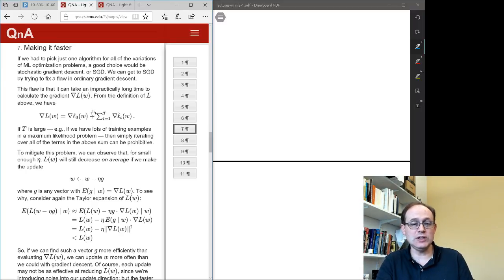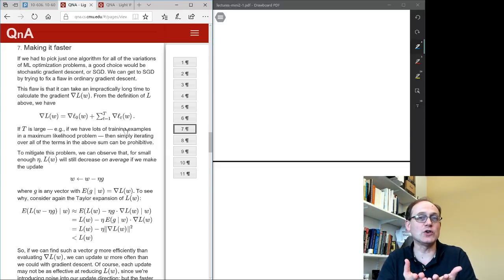Then just computing this gradient can be impractical, infeasible, because in order to do that, we have to iterate over all billion of our training examples in the maximum likelihood problem. And it might be non-trivial. It might take a little while to compute the gradient of each one. And so, a billion times even a few seconds is going to be a long time. So what we do is we take advantage of the fact that we only need a pretty inaccurate solution.